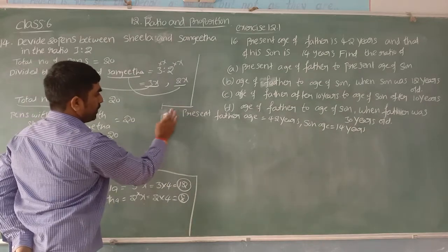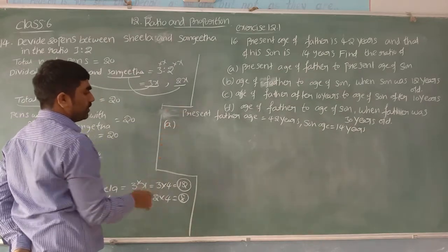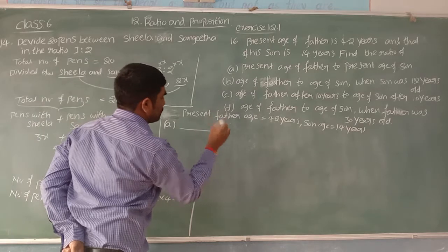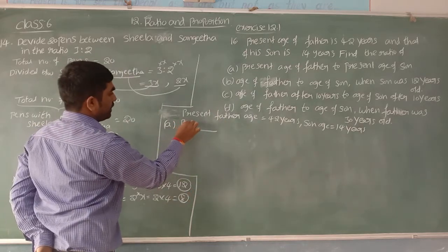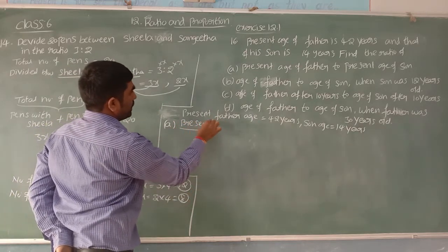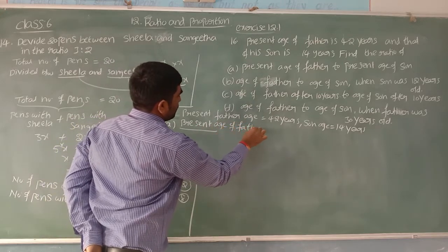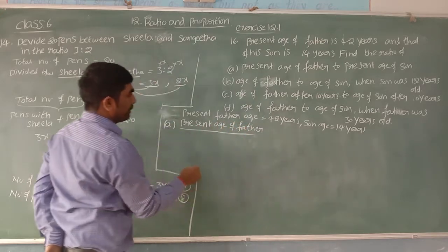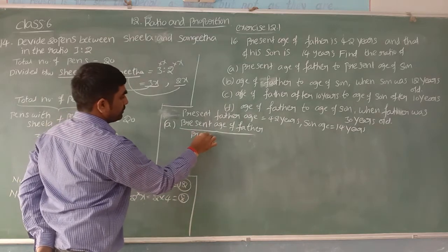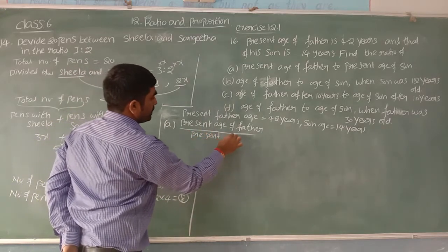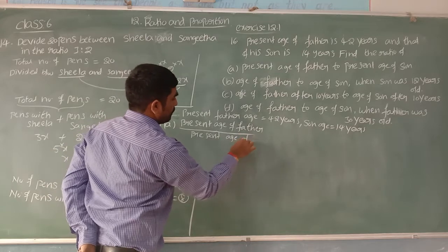So let me go with A1. Here the A1 is we have to find the ratio of present age of father to present age of son.